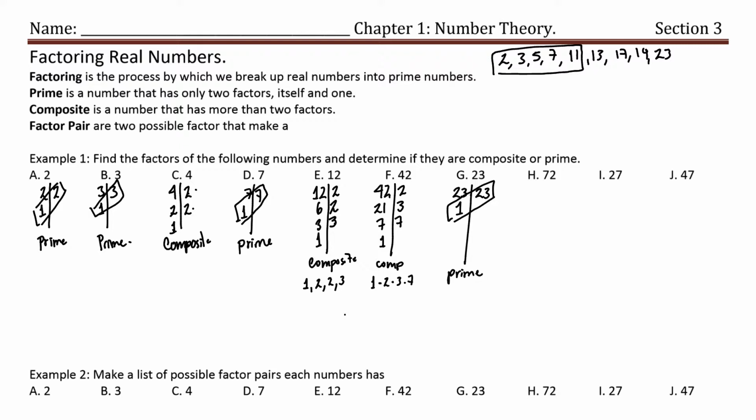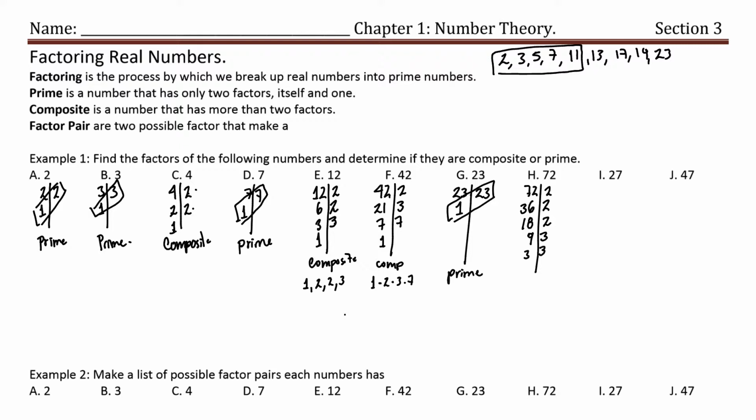72. Since it ends with a 2, it is an even number, so it can be divided by 2. 7 divided by 2 is 3 times, carry the 1. 12 divided by 2 is 6, so you get 36. 36 can still be divided by 2, you get 18. 18 can still be divided by 2, you get 9. 9 cannot be divided by 2, but it can be divided by 3, so you get 3.